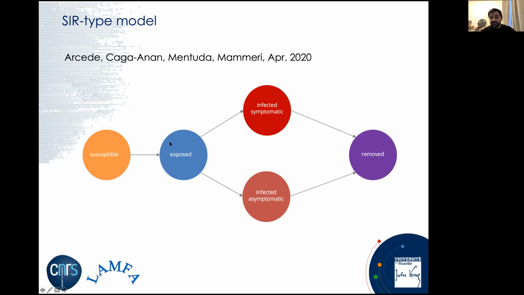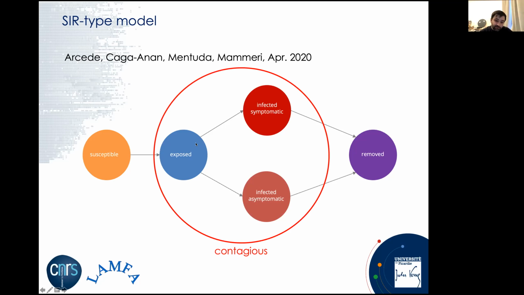From this exposed group, some will have symptoms, and some never present any symptoms. So we split the infected into symptomatic and asymptomatic, and then both recover. This is what we propose, and we say all of these three compartments are contagious individuals.